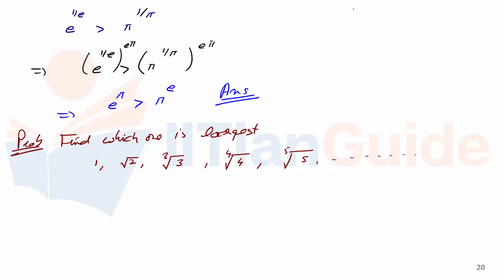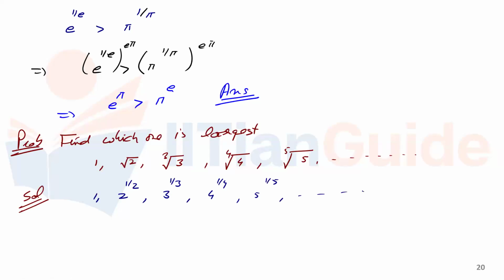Okay, just wait. We have a number 1. I'm just writing 2 power 1 by 2. I'm writing 3 power 1 by 3. And I'm writing 4 power 1 by 4. I'm writing 5 power 1 by 5.